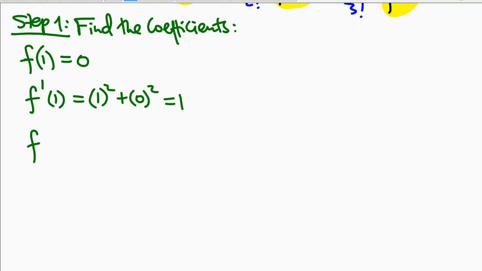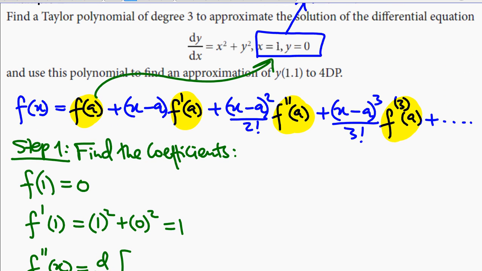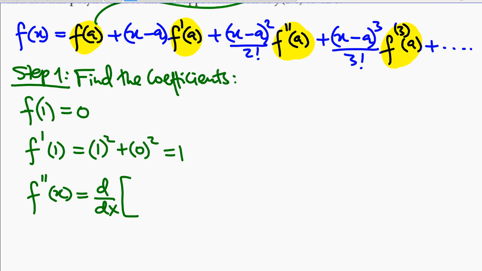Also need to find the second derivative. And to find the second derivative, we just need to differentiate the first derivative. We have to differentiate this term by term.